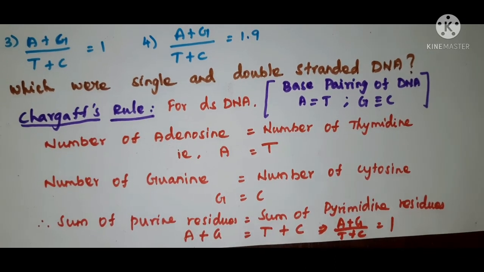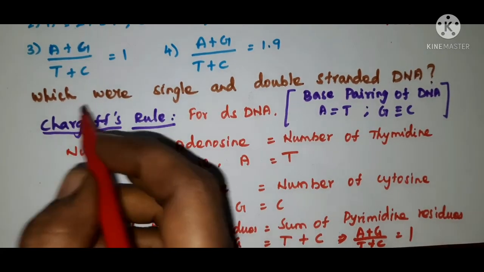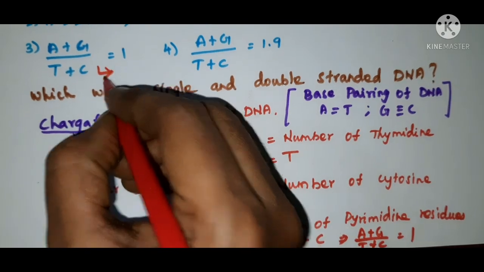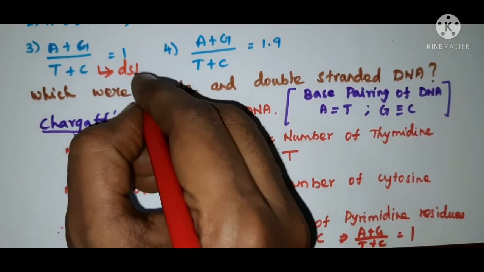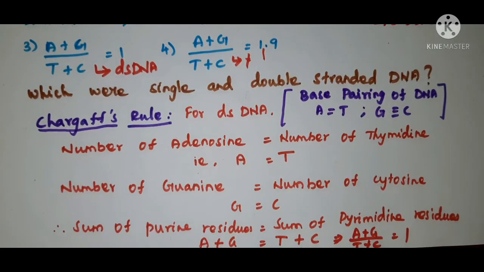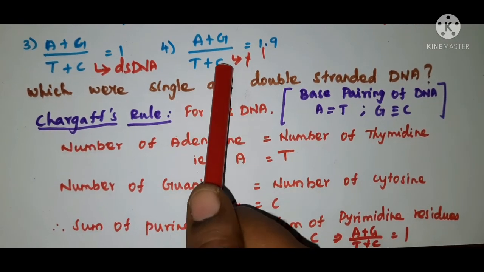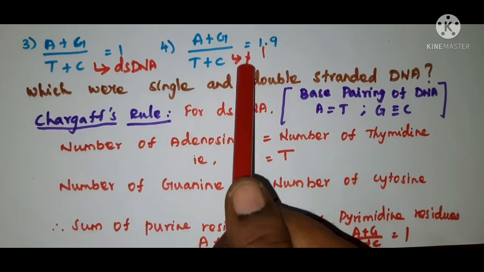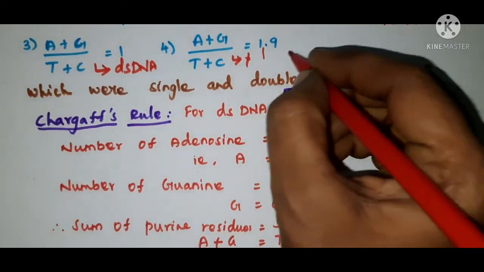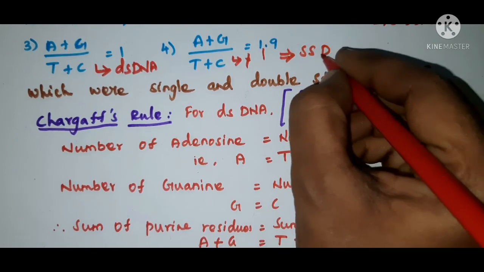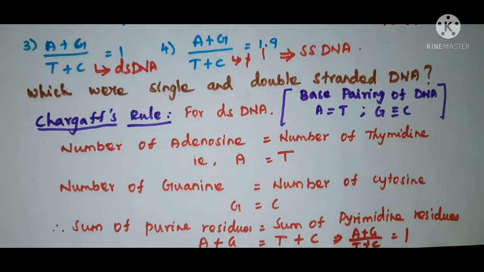So from this rule you can directly write that the third option is a double stranded DNA. In the fourth option, A plus G divided by T plus C is equal to 1.9, that is, the ratio is not equal to 1. So this sample is single stranded DNA.